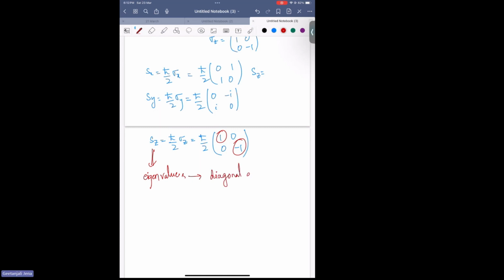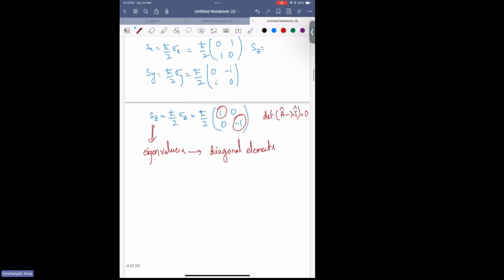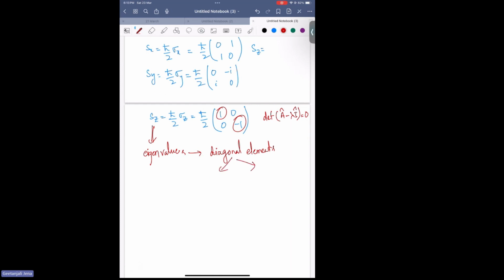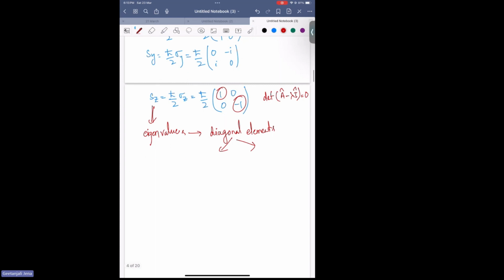You don't need to solve the equation you used before, determinant of A minus lambda equal to 0. If it is diagonal, you simply have to see the diagonal elements. The diagonal elements are 1 and minus 1, and there is ħ/2 here. So the eigenvalues for the Sz matrix are ħ/2 and minus ħ/2.